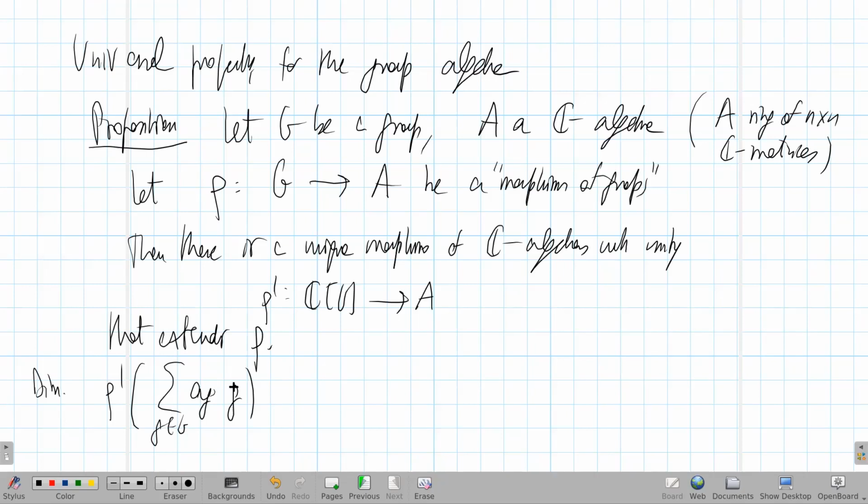Here we have sums and products, okay? And if it's a morphism of C algebras, this means in particular that under this, lambda will go to lambda if lambda is an element of C. So a morphism of C algebras with unity means that the constants go to the constants.